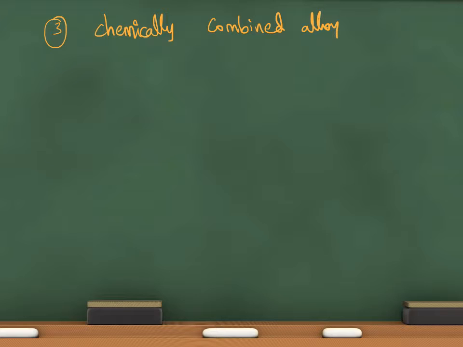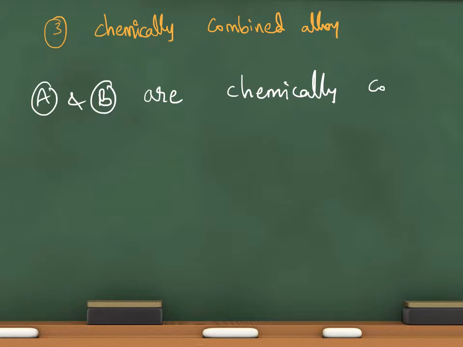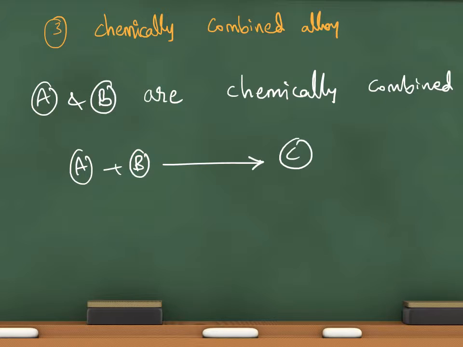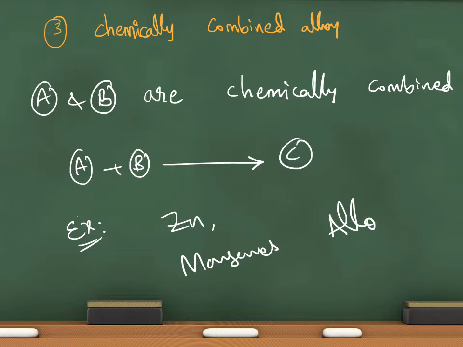If the metals or materials A and B are chemically combined, that type of alloy is called a chemically combined alloy. Example for this: zinc manganese alloy.